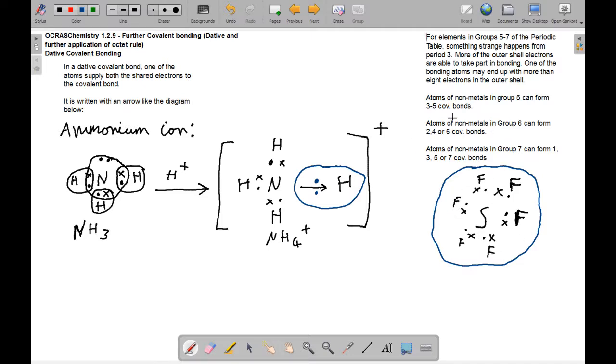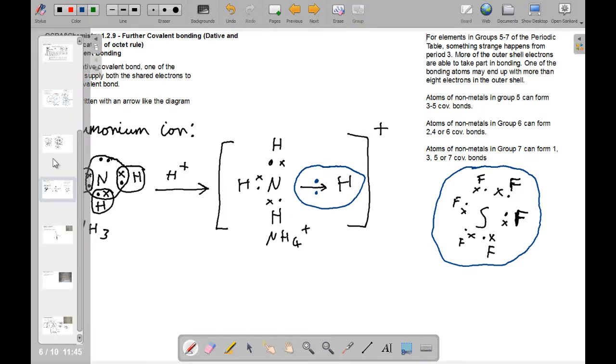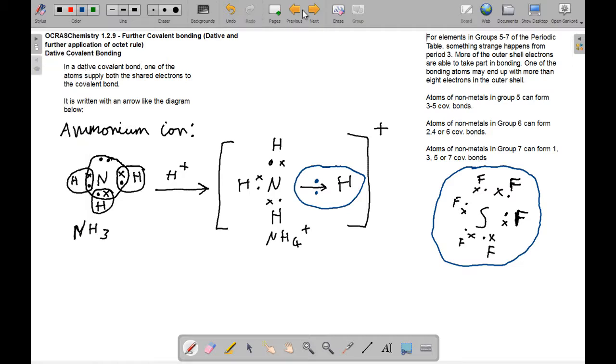So basically, the more electrons on the outer shell you have, the more covalent bonds you can have, as long as the atoms you are sharing your electrons with have an electron to spare, if that makes any sense.